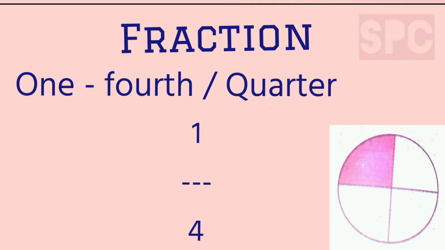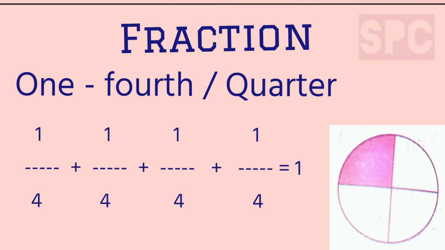So each part of this whole circle is called 1/4 or quarter of the whole. Also remember that 4 1 by 4s make a whole, which means 1 by 4 plus 1 by 4 plus 1 by 4 plus 1 by 4 is equal to 1. 1 means a whole. So 4 1 by 4s make a whole.